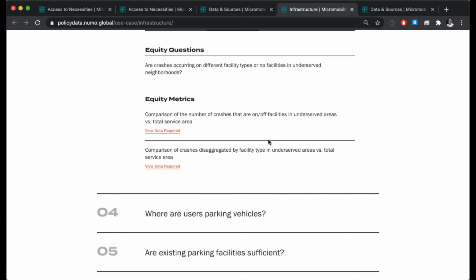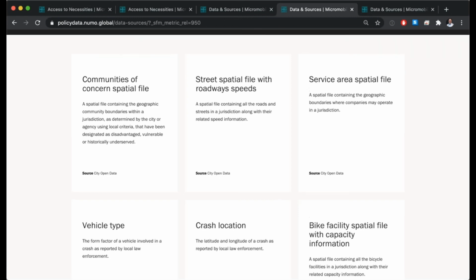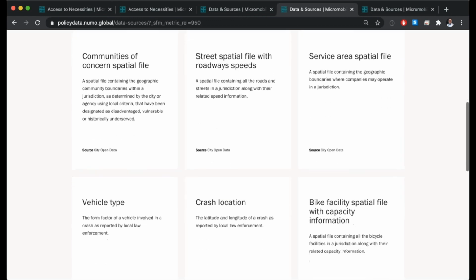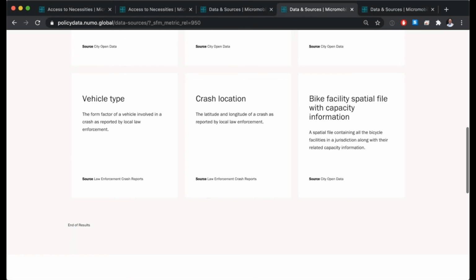I think it's really important for cities to understand the equity angle to a lot of these different metrics. So we've tried to really include that. Again, I will go back out to the data and sources pages, and you can see all of the data that is required in order to answer that one specific question.